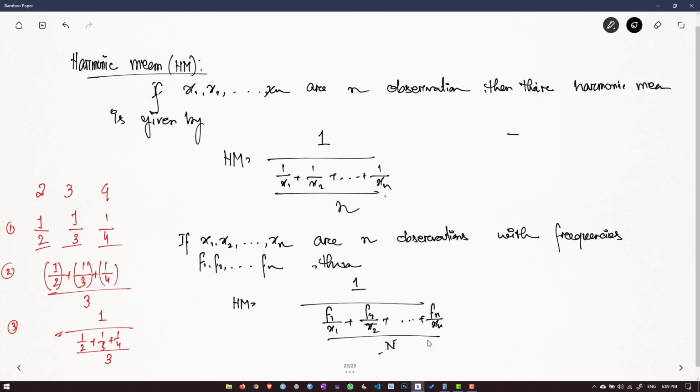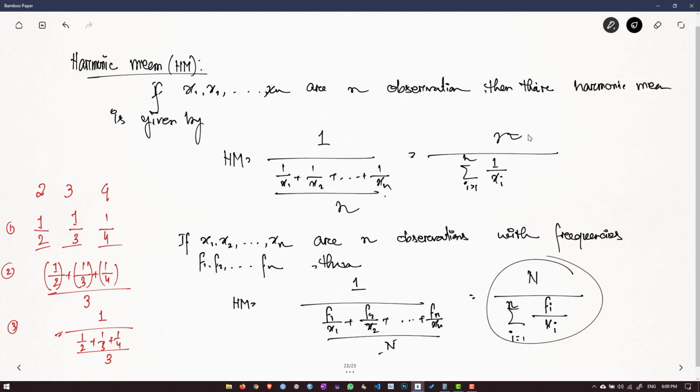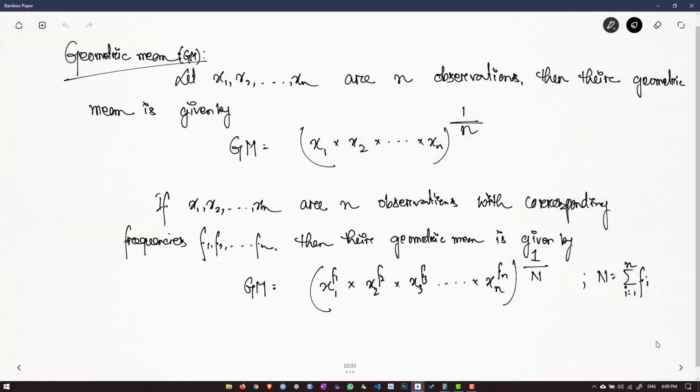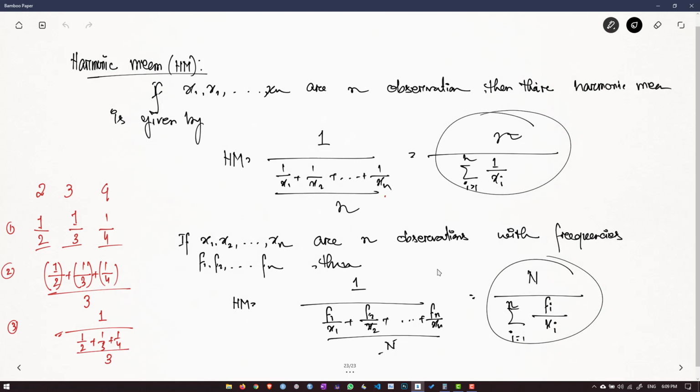This can also be simplified: you can write N on top and the summation of fi divided by xi, i goes from 1 to n, in the denominator. So this is for grouped frequency data, and the earlier one is for ungrouped data. These are the formulas for harmonic mean, and the previous one was geometric mean.